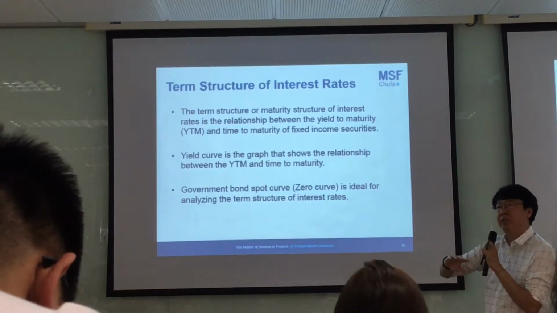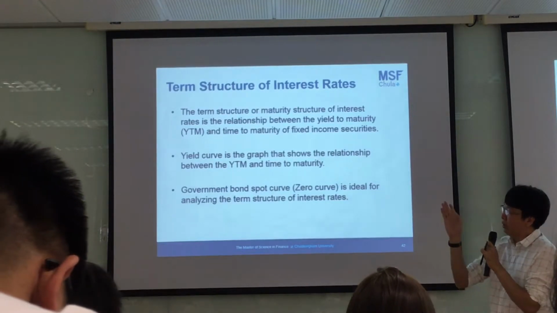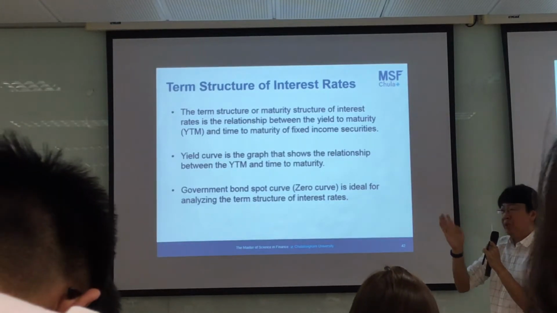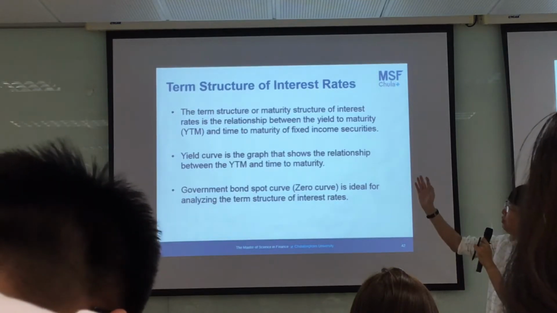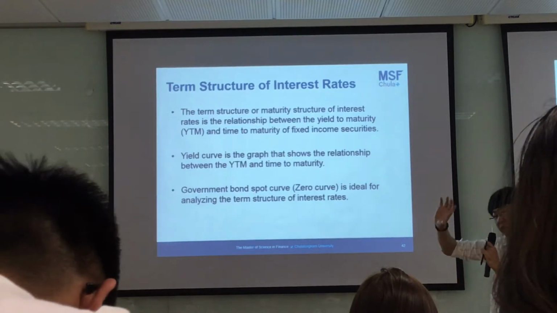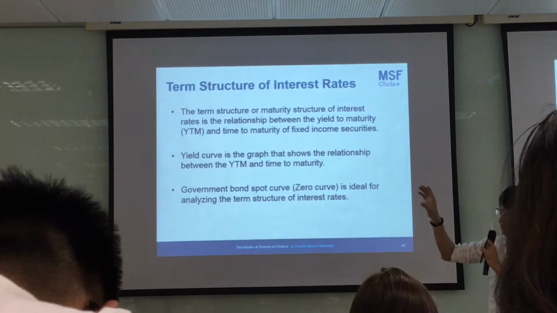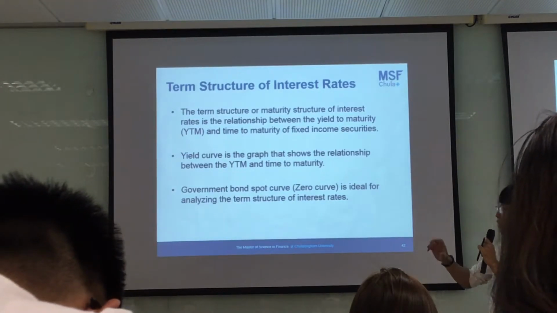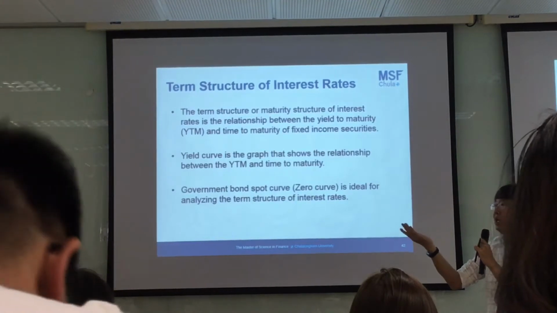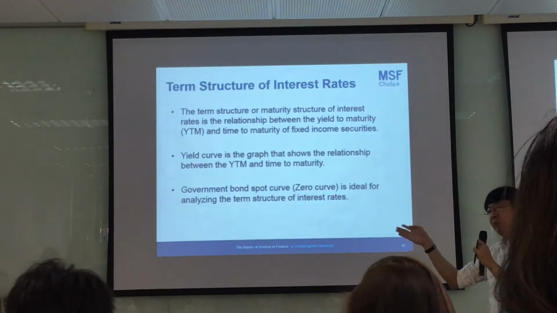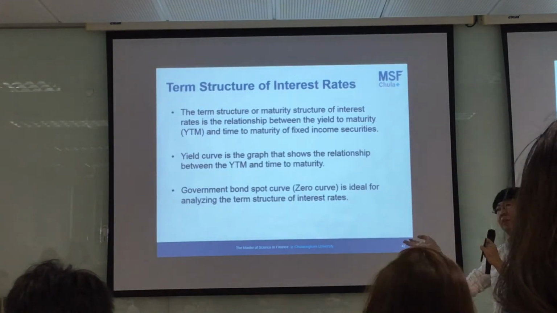Yield curve may represent the graph of the yield at the different maturity. But for the term structure, maybe we are just representing numbers in a table. Okay, 1 year maturity, the yield is equal to this number. 2 year equal to this number like this.